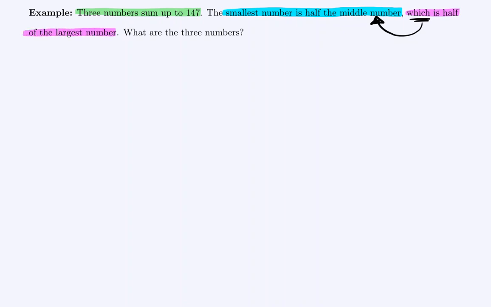So we're going to translate these a piece at a time, but since we have things that are unknown, we need to be able to speak about those unknown things, which is why we give them variable names. And since they said there's a smallest, middle, and largest, let's just say x is the smallest number, y is the middle number, and z is the largest number.